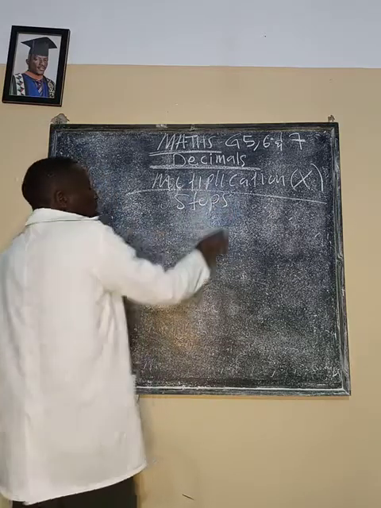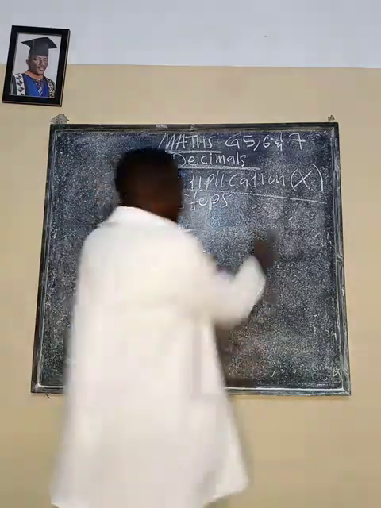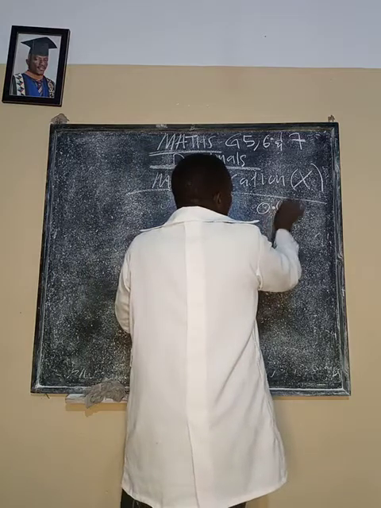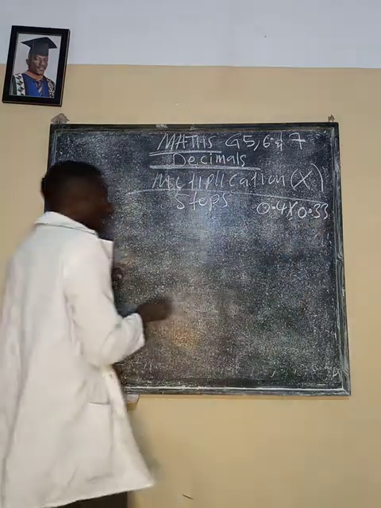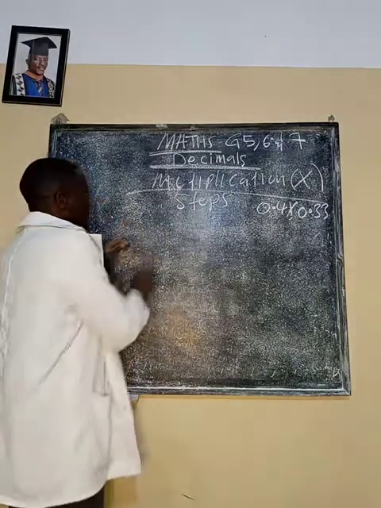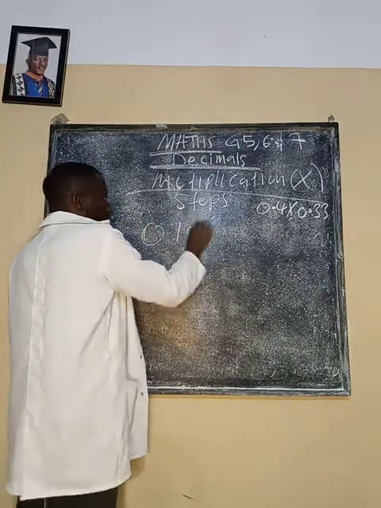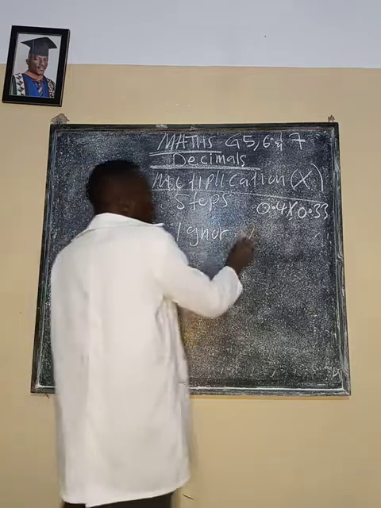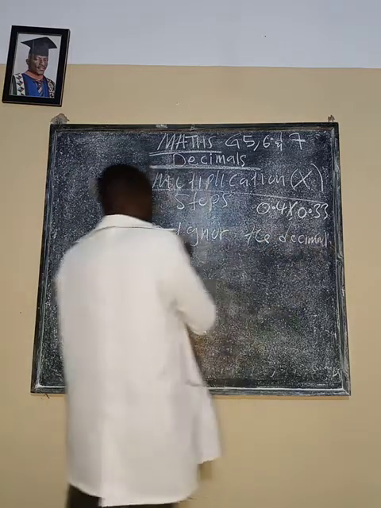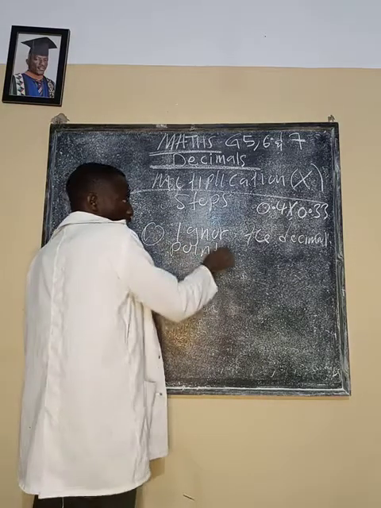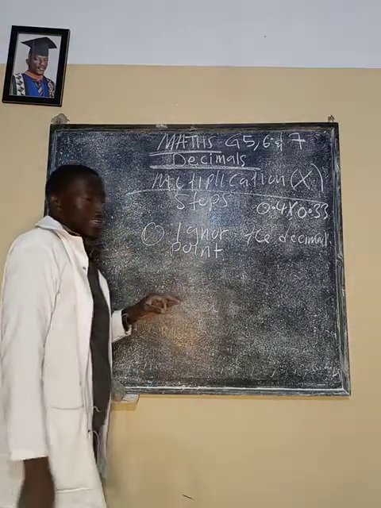So imagine we want to multiply 0.4 times 0.33. Okay? So how can we do that? First step, ignore the decimal point, or the decimal place, but let's use the decimal point.